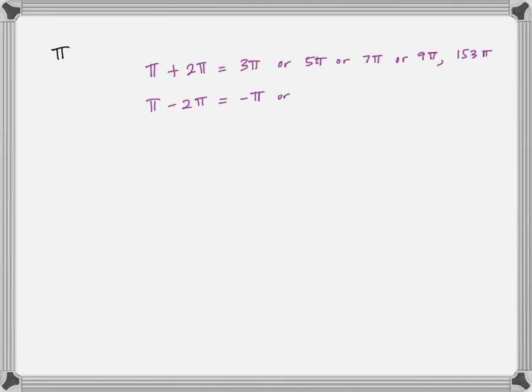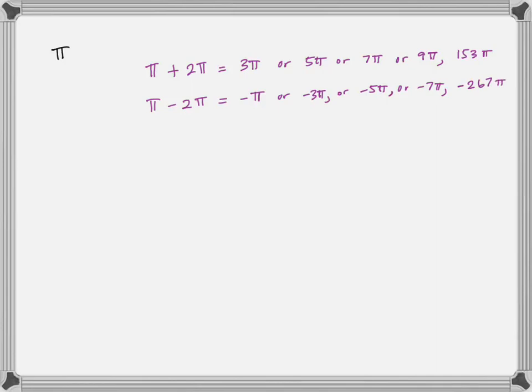So if I subtract another 2 pi, I'd get negative 3 pi, or negative 5 pi, or negative 7 pi. And we get the idea that any odd multiple with a negative on it is also going to be coterminal. So anything odd, negative times pi is going to be coterminal to pi.